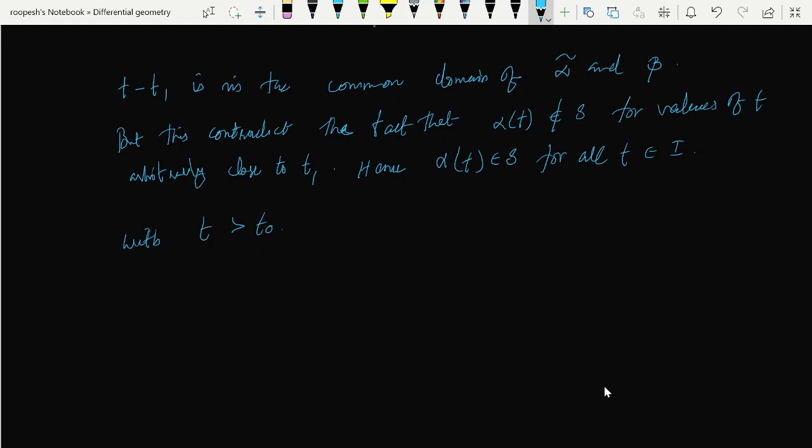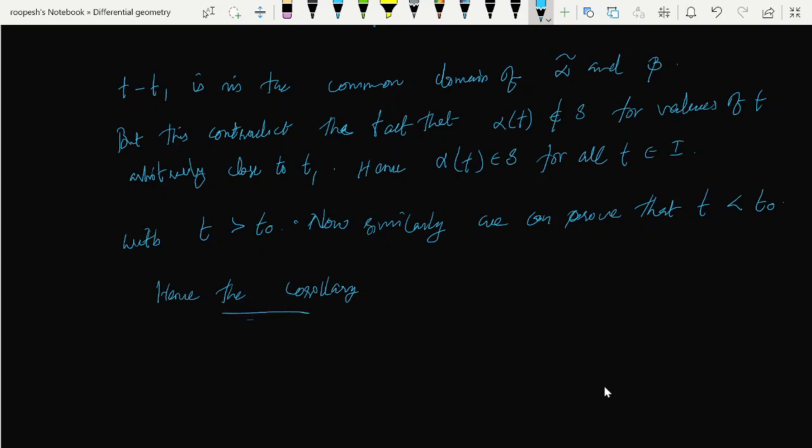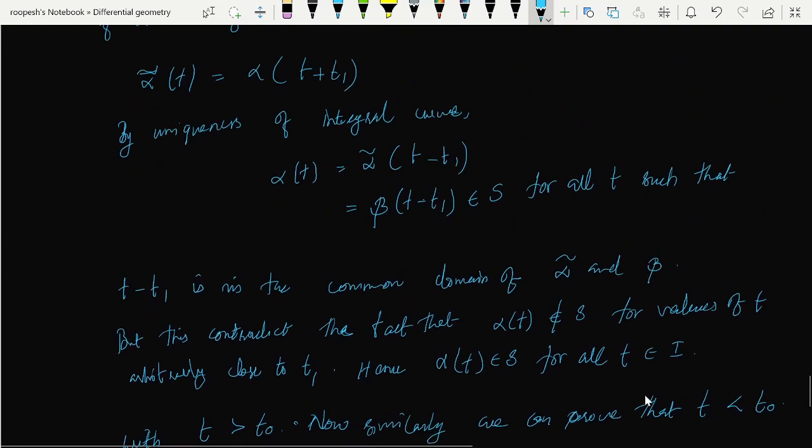Now similarly we can prove the case t less than t naught also. So this implies the corollary.